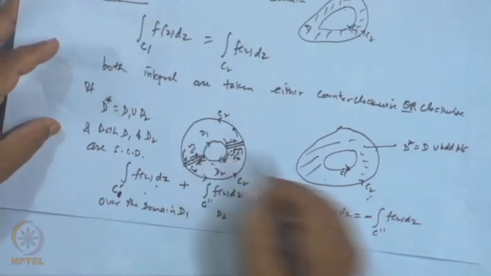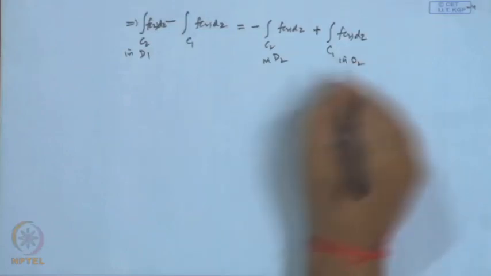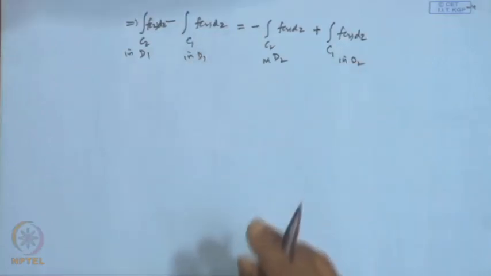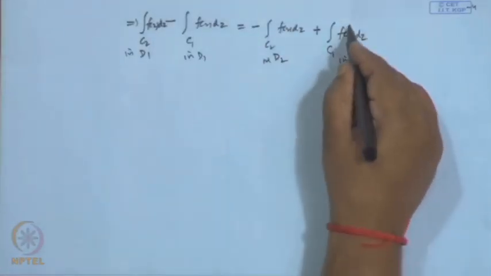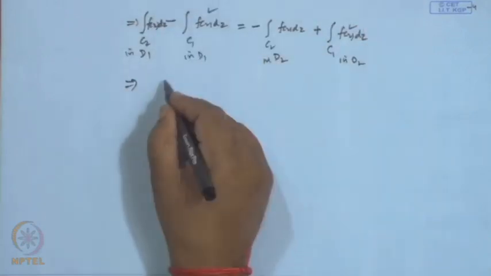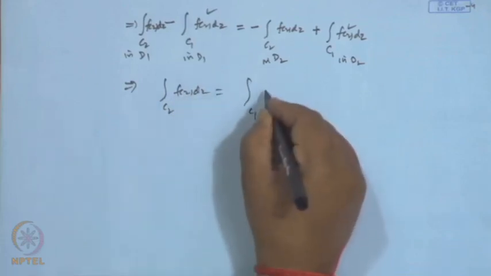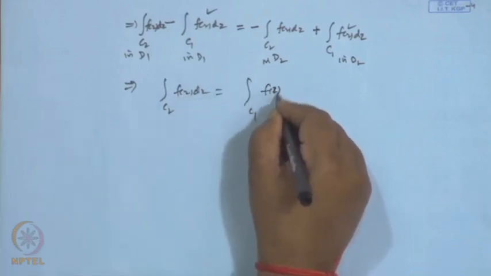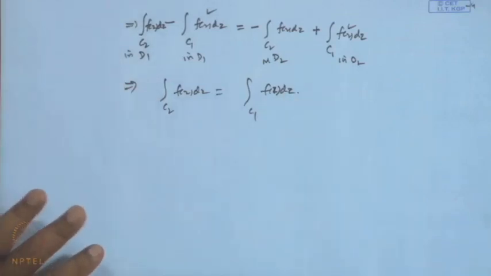So, the portion lying in D1 and the portion lying in D2, if we combine these two, then this is the total C 1. So, this implies that the integral along C 2 of f z dz is the integral along C 1 of f z dz. That proves the result. Okay.